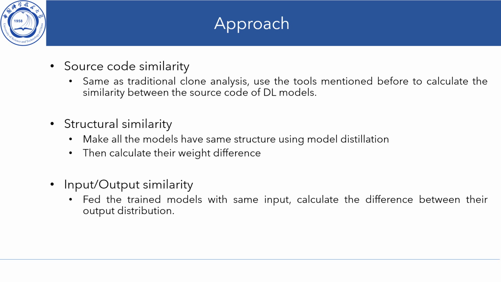So to deal with these two problems, for structural similarity, we adopt knowledge distillation to make all models have the same structure and then calculate their difference using cosine similarity. As for the input-output semantic similarity, we use the Jensen-Shannon divergence to calculate the difference between the output distributions.